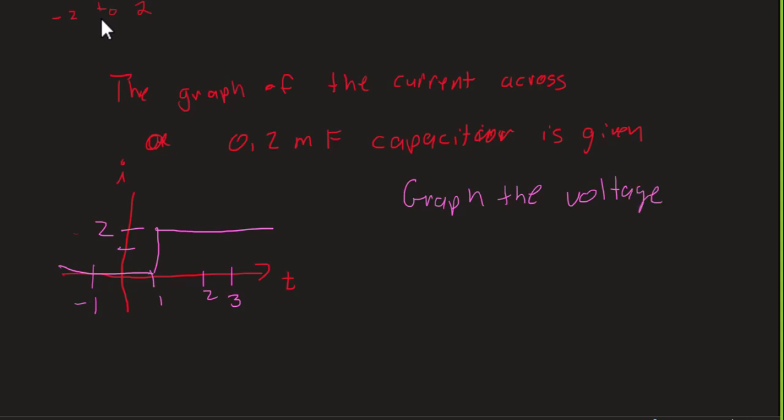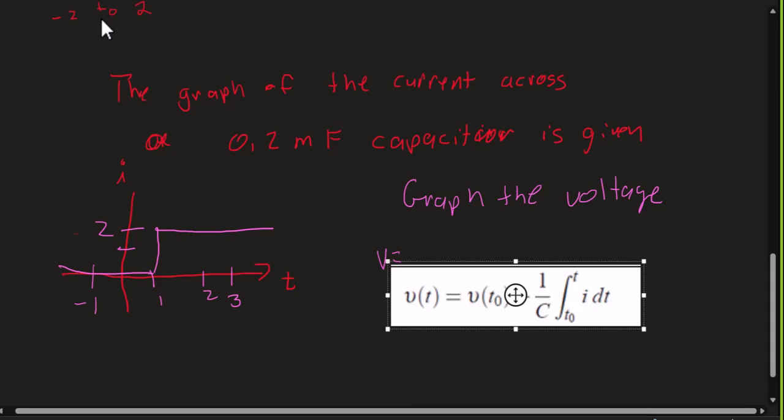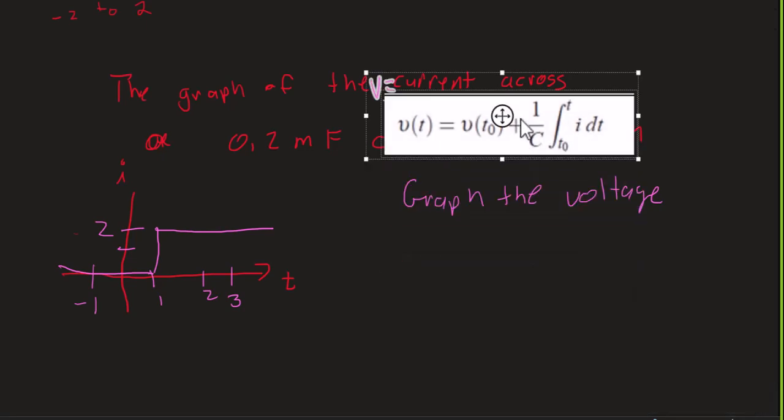Okay, let's try this one. The graph of the current across a 0.2 millifarad capacitor is given. Graph the voltage. Okay, so we know that the voltage is the voltage at the beginning plus 1 over c times the integral of the current from the starting time to the ending time.